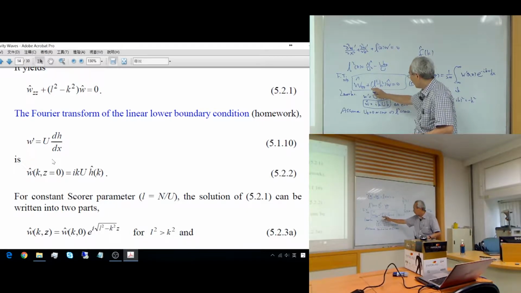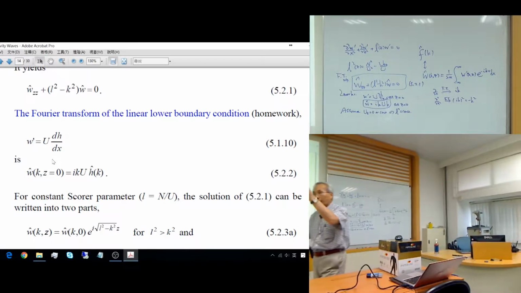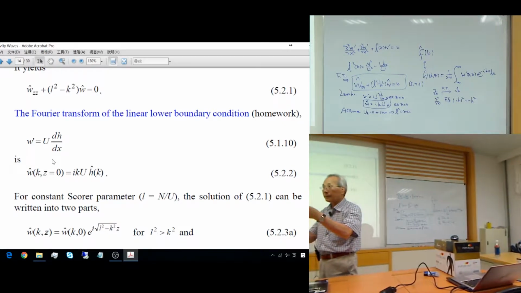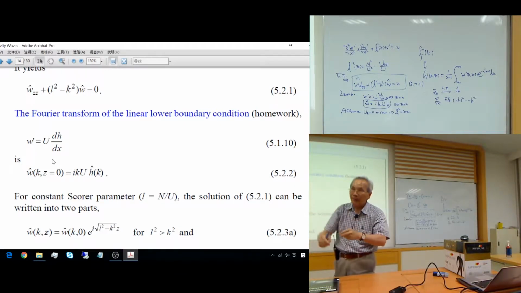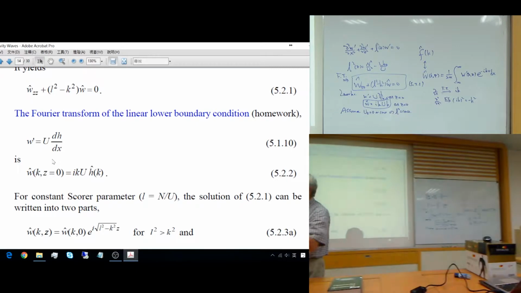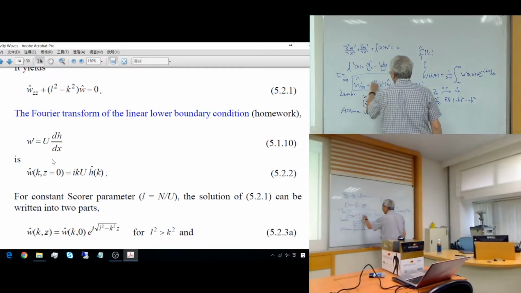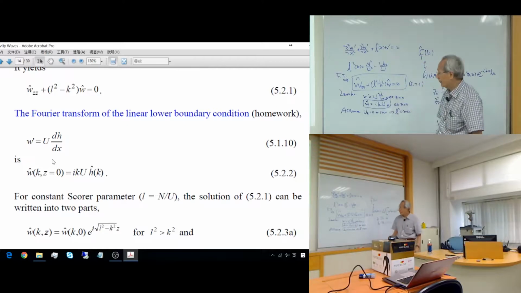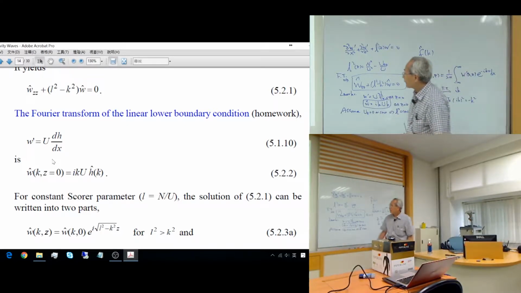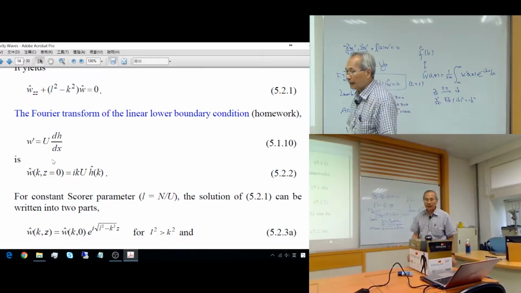Of course you have different k's, but for each individual k it is constant. The Fourier transform involves a combination of many k's, but for each k, L is constant. So then we can solve it, and the solution is 5.2.3 A and B.